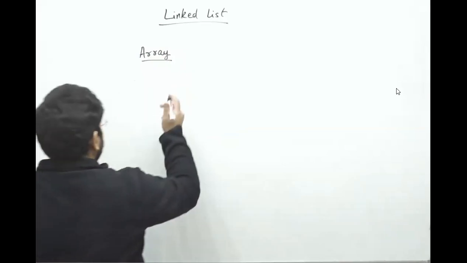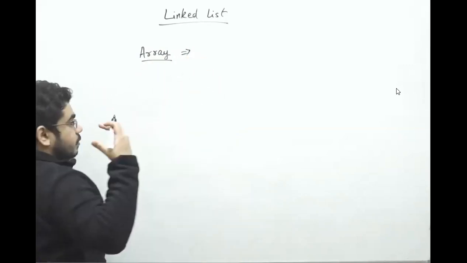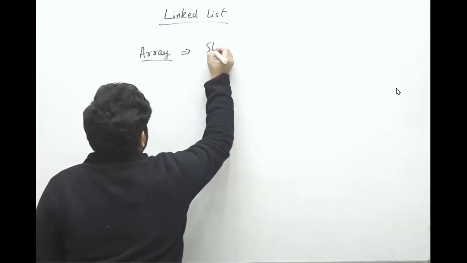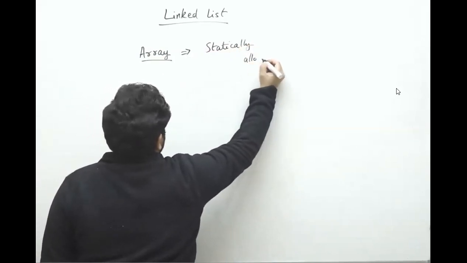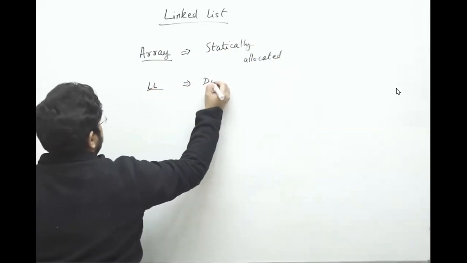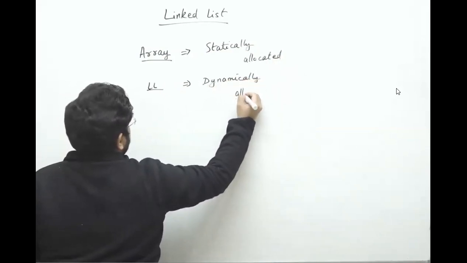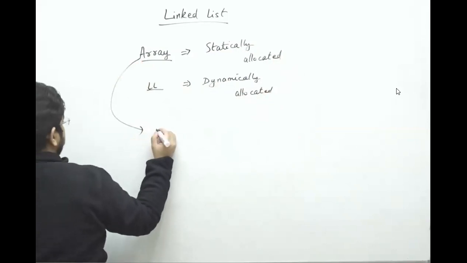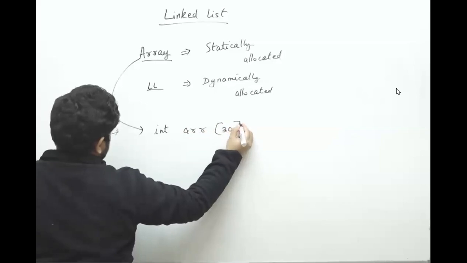Those few things are that in an array, your memory is statically allocated, whereas in a linked list, it's dynamically allocated. What does that mean? When you declare an array, you declare something like array of 30.